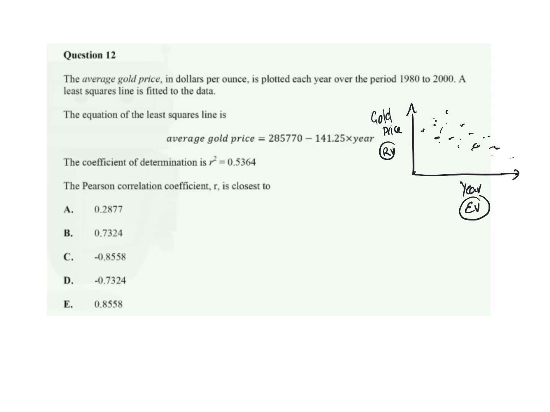So you've got a scatter plot. I knew it was negative because, and we're going to learn this a little bit later, I can see that it's negative because of the negative gradient, okay? So don't stress too much, but we need to show you now. Because of this negative here, I know it's a negative relationship, and therefore when they ask me to find the R value, R is going to be plus or minus the square root of 0.5364.